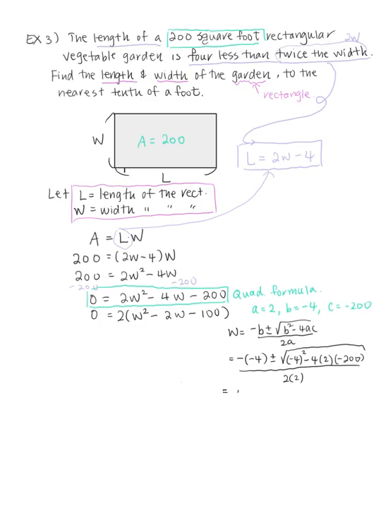This is 4 plus or minus the square root of 16, and then you have 4 times 2 times 200, and we have 2 negatives. So we got 1600, and the whole thing divided by 4. So we get 4 plus or minus the square root of 1616, whole thing divided by 4.